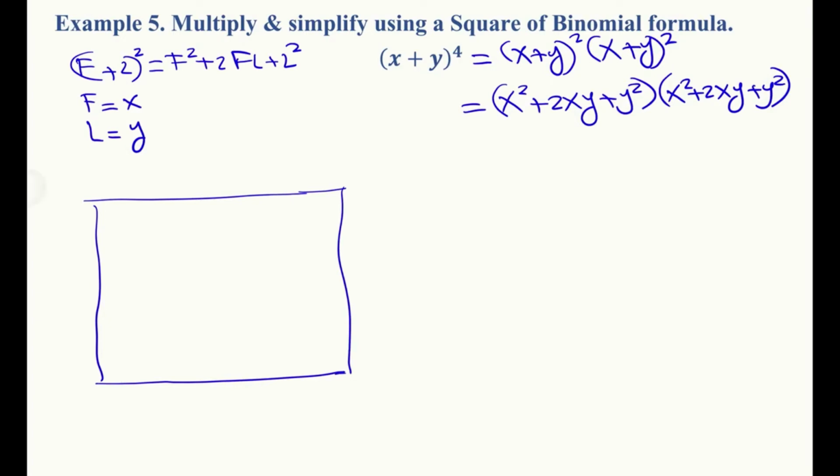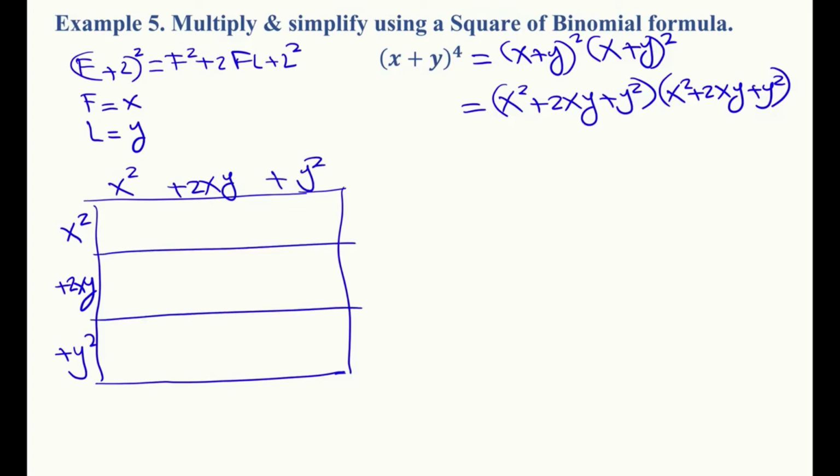We will list one of those polynomials going vertically down, so x squared plus 2xy plus y squared, and we can write the other one horizontally across like this. Then we'll go ahead and make our grid.